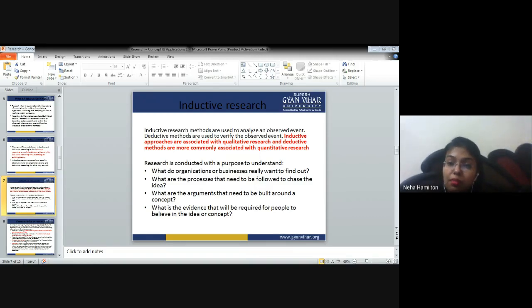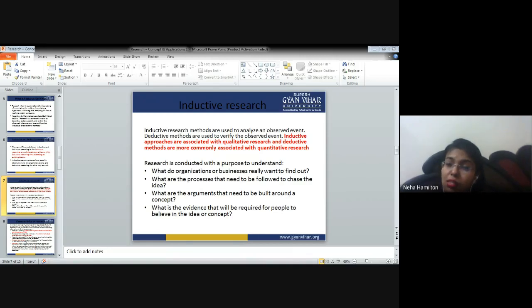In qualitative research, we are more concerned about the theoretical part of the research; the numerical part, statistical part, and data analysis part are not involved, but they are definitely involved in quantitative research. So research is conducted with a purpose to understand why organizations or businesses really want to find what are the processes that need to be followed to chase the idea, right?